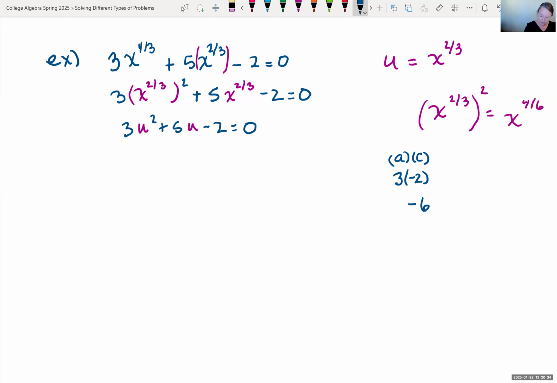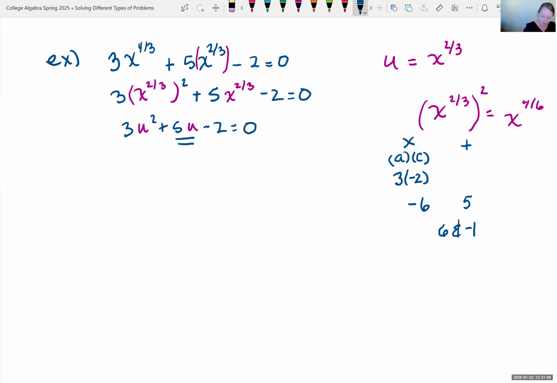So I'm looking for two numbers that multiply to give me this -6, but sum to give me that middle term of 5. Multiplying, getting a negative, I know one's negative, one's positive. Summing to get a positive, I know the larger number without looking at signs has to be positive. So I know 6 and -1. 6 times -1 is -6. 6 plus -1 is 5. So we found those two numbers.